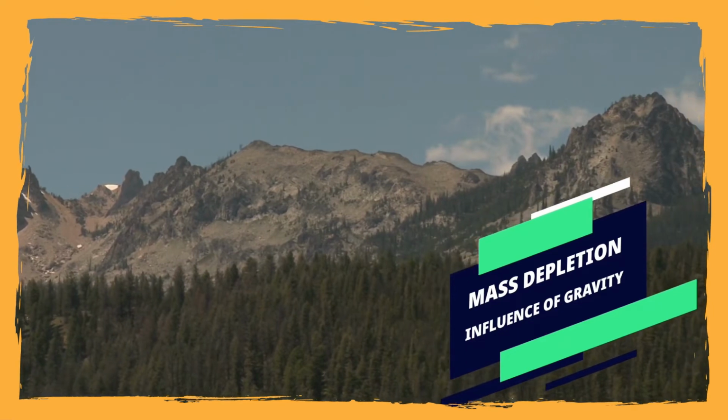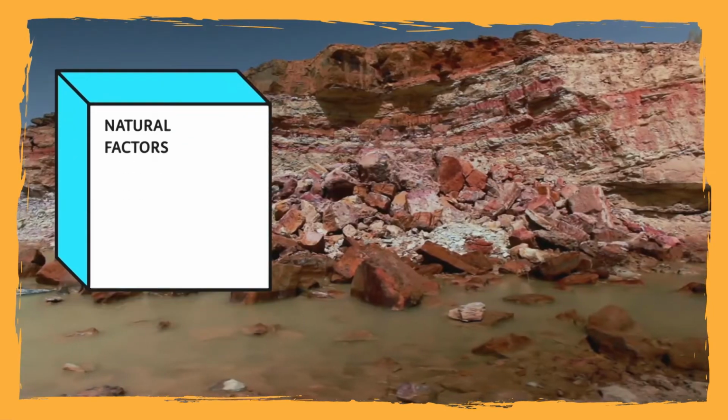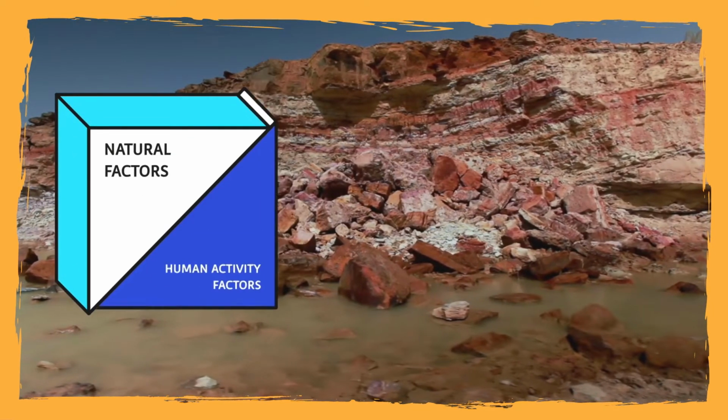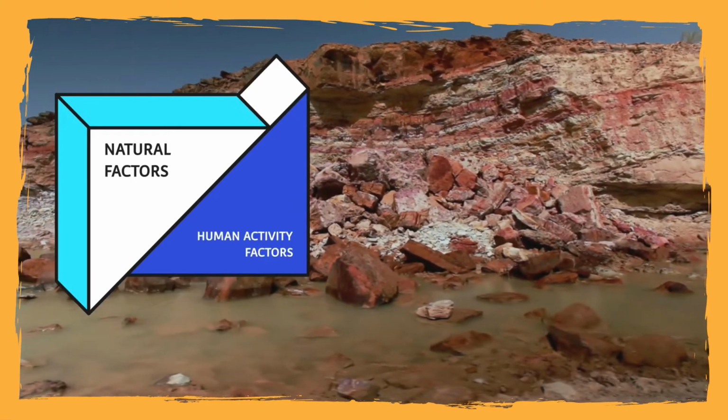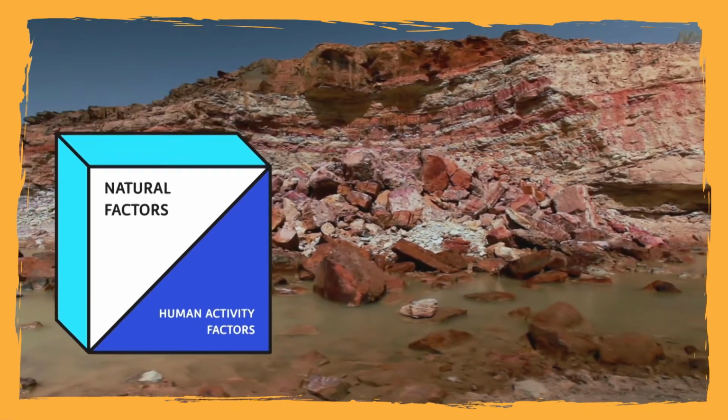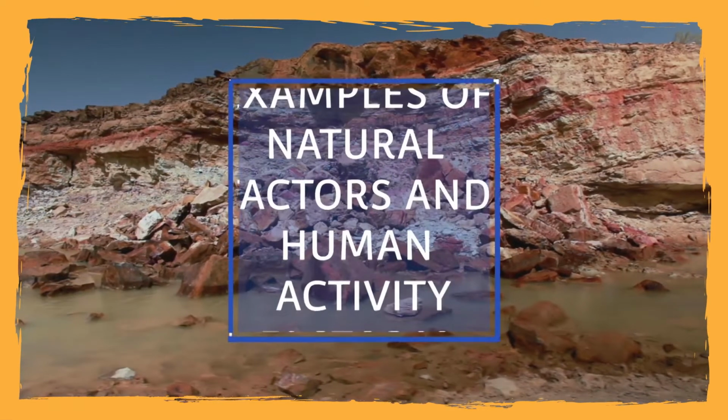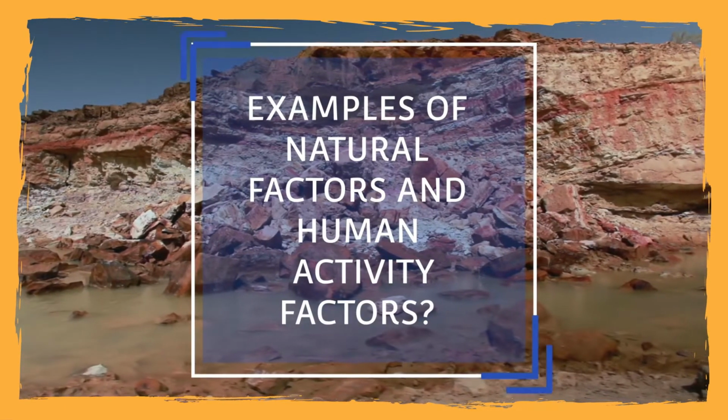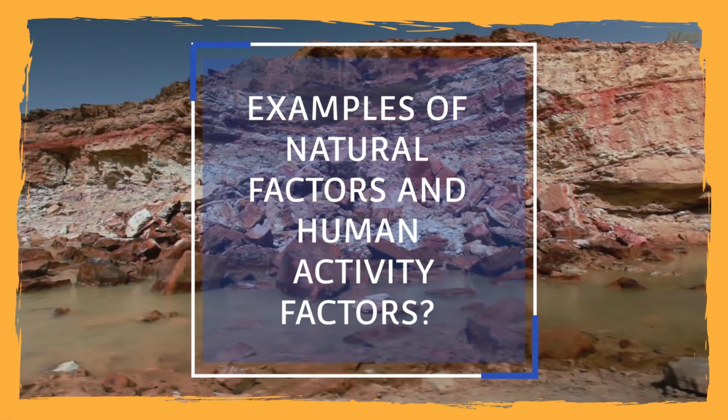Factors that cause landslides can be divided into two categories, which are natural factors and human activity factors. Can you think of a few examples of natural factors and human activity factors? Most of the factors are very relatable to what we have learned so far in today's lesson.